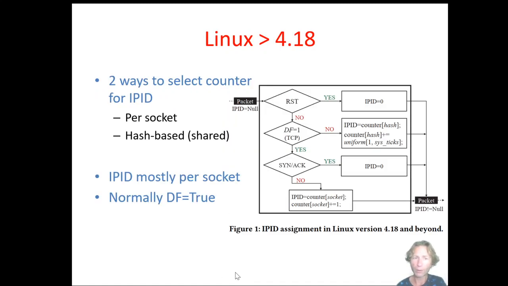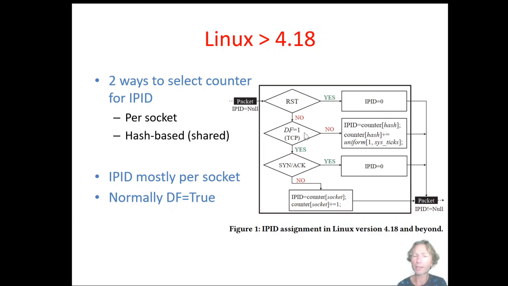And like we saw earlier, in Linux beyond version 4.18, the selection of the IP ID counter is a little bit more complicated. We saw that, for a packet that is generated, if it's a reset packet, the IP identifier would be 0.